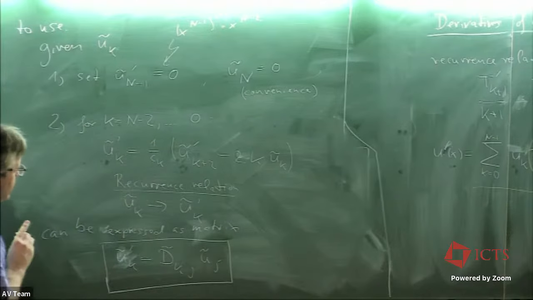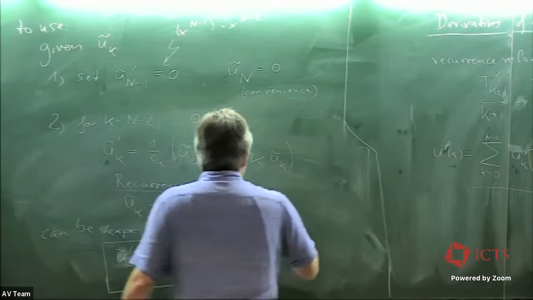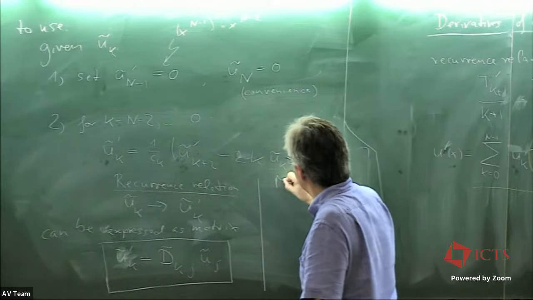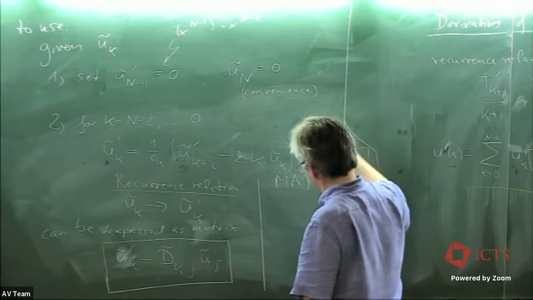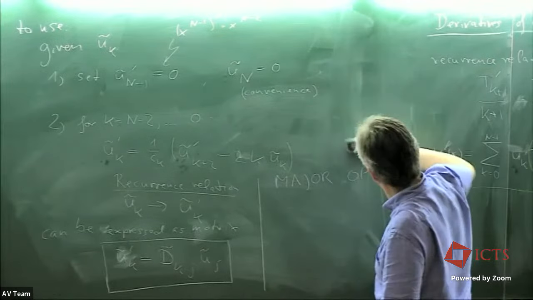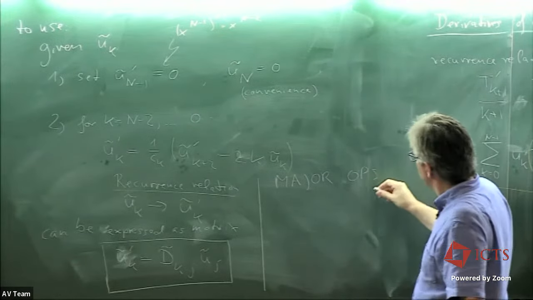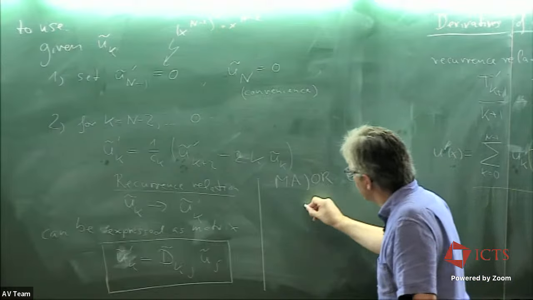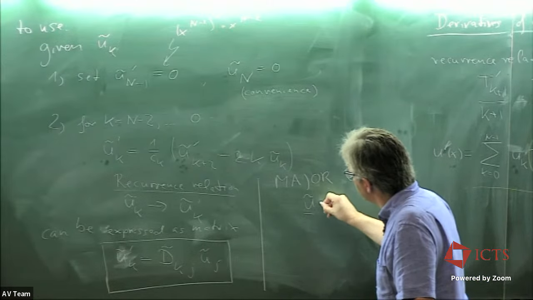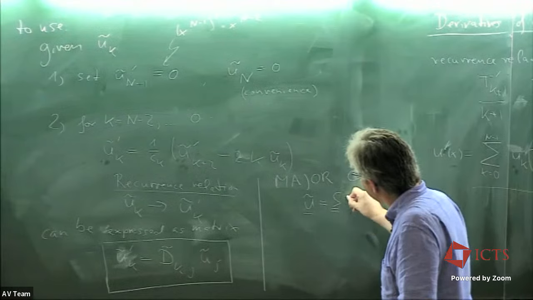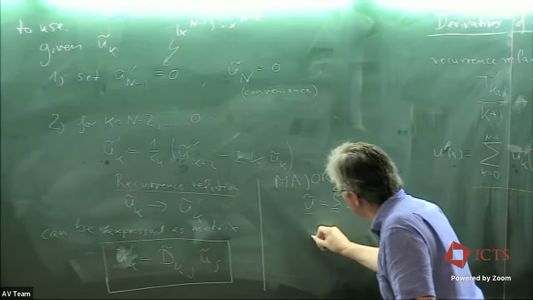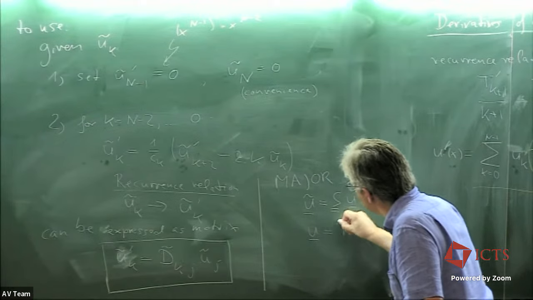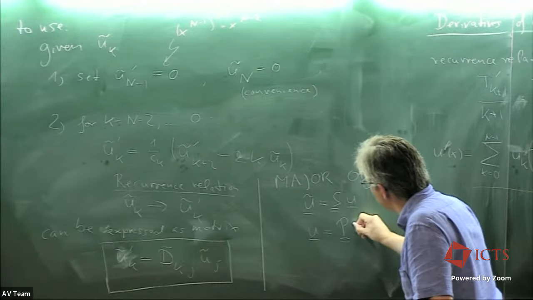And so we have, I've erased this, I believe, but now we have the major operations. We have U delta equals S times U real. We have U real equals P times U delta.